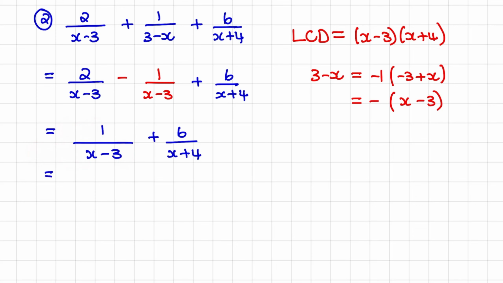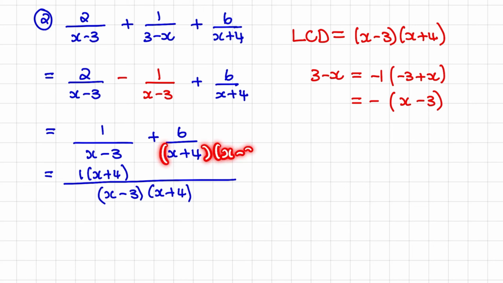So it will be 1 times x plus 4 over x minus 3 times x plus 4. And for the second term, I multiply x plus 4 with x minus 3, and I repeat that calculation in the numerator. So I'll have plus 6 times x minus 3.